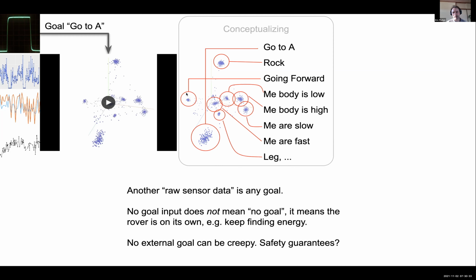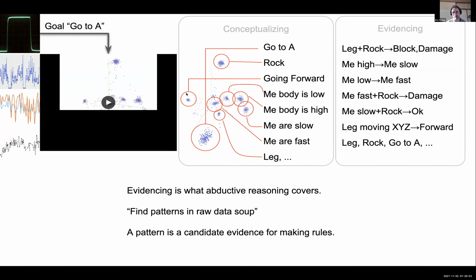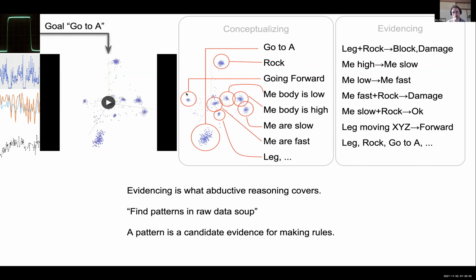In this project, the concrete work that has been done so far is here, and the intention is what follows: to take these clusters, these concepts, and start building a small database of evidences.